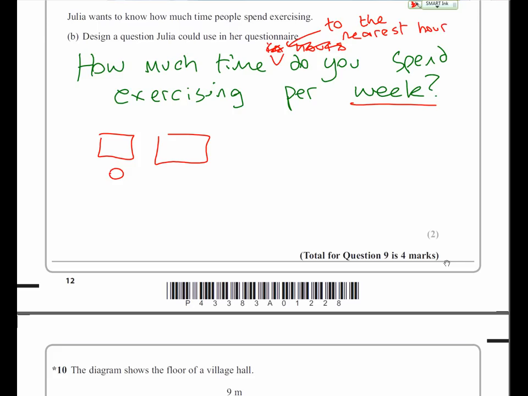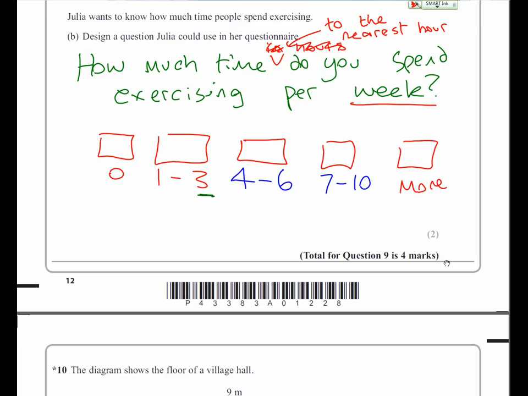Okay, so 0, 1 to 3. Now notice I'm not going to start on 3, I'm going to start on 4, so that if someone's done 4 hours or 3 hours, there's only one box to tick. 4 to 6, 7 to 10, and then more than 10, not including 10.